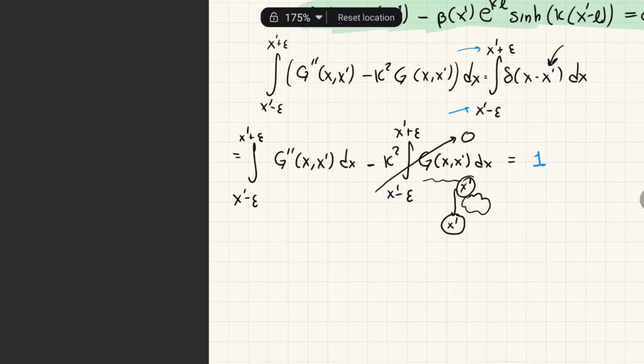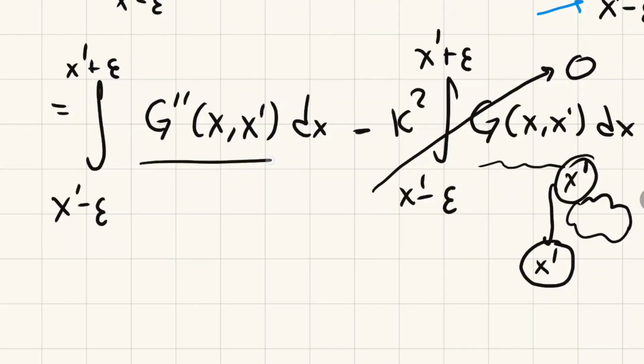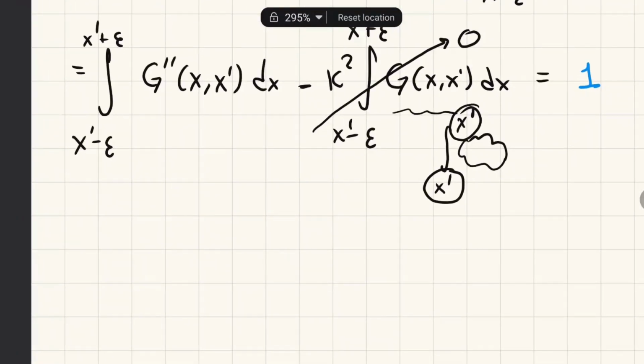Okay, and in this step, we have the derivative of g, right? So if we have the integral of the derivative of something with respect to x, we know that we can cancel the derivative with the integral, taking the limit where epsilon goes to 0, right? Remember that we do not know if the derivative is continuous at x prime, so we cannot say that this is equal to 0 in this case.